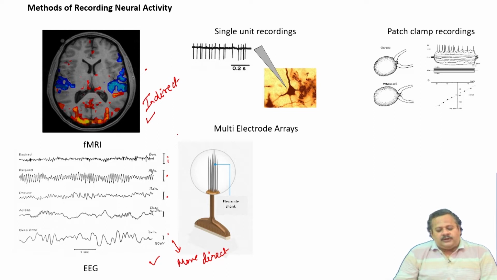If possible, if we can go intracranial with ECoG, then we get a cleaner signal, a larger signal, and that can be used further for brain-computer interfaces. By training an algorithm on the EEG signals, we can decode what a person is trying to do.